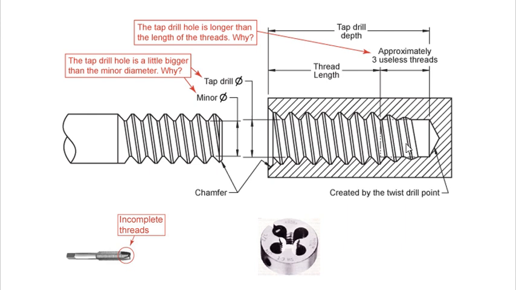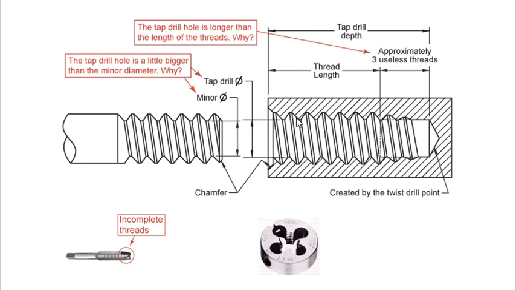You're gonna put it straight into the part like that. You can see the chamfer right there for easy engagement, and this is just a space. You use your twist drill point to make this space so it's gonna go in smoothly. And from here to here is your thread length.